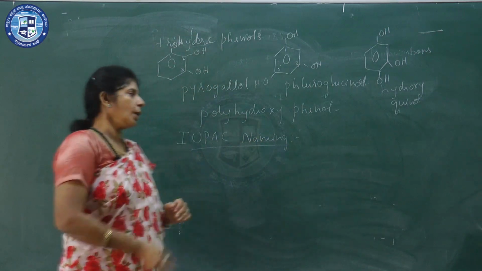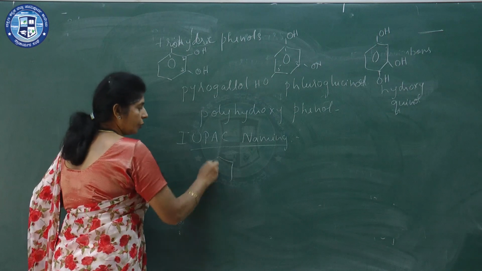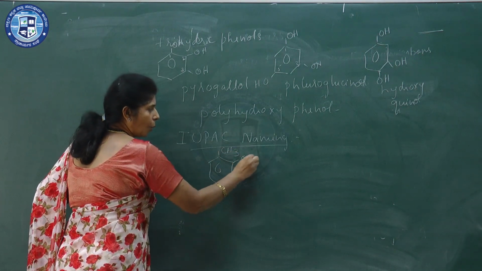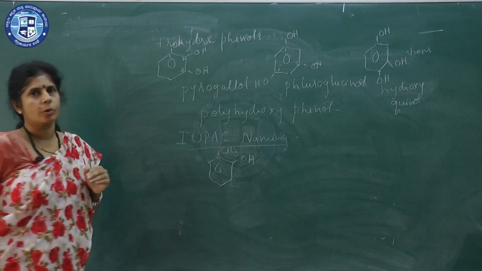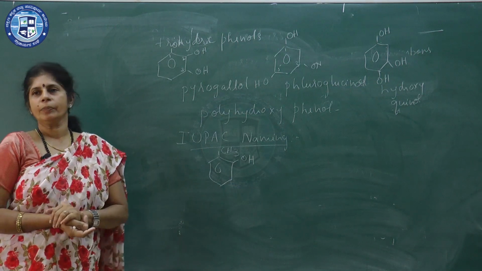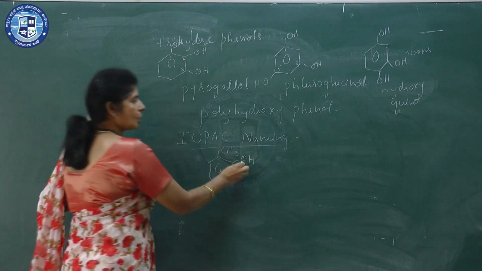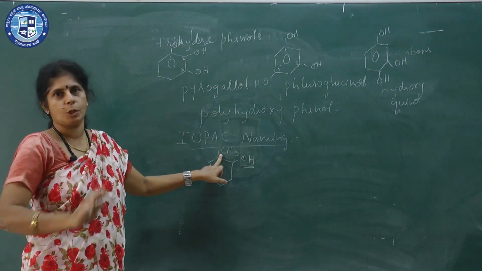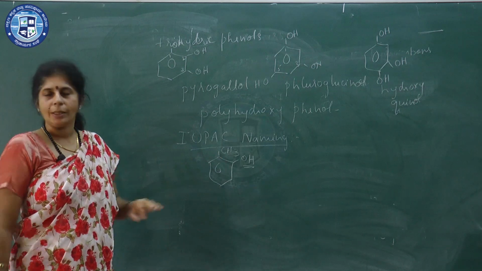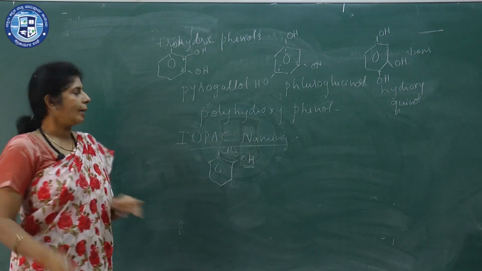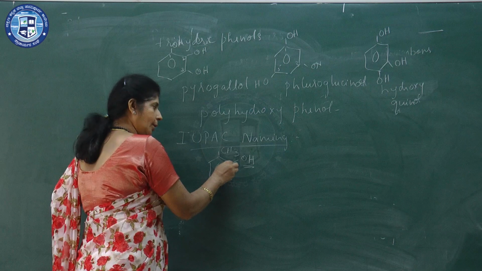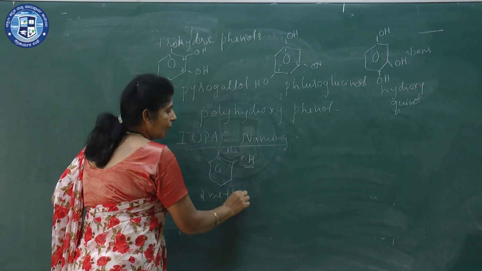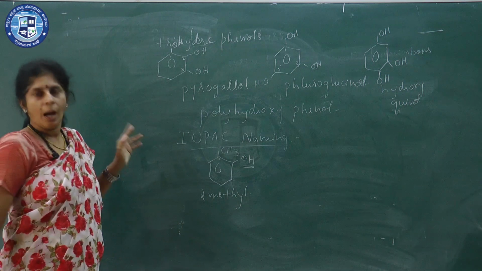If you take the phenol of toluene, I am taking one example, that is ortho-cresol. The functional group is OH and CH3 becomes a substituent. So we can call this number 1, and 2-methyl.